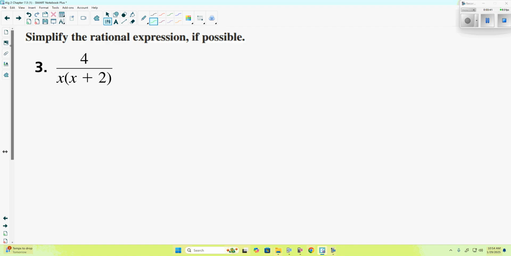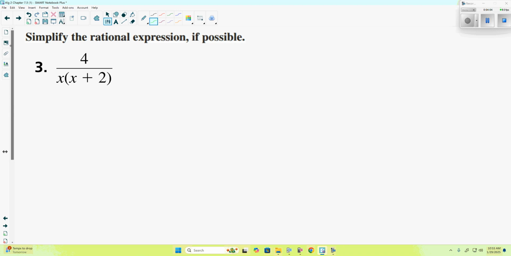So the first thing we're looking at is simplifying these rational expressions as far as possible. When we look at this first one here, we have 4 over x times the quantity x plus 2. What's in common on top and bottom? Nothing.